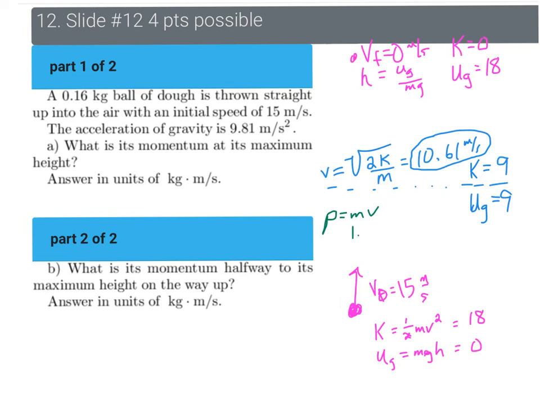So my mass is 0.16, and my velocity is 10.61. That's going to come out to a momentum equal to 1.697. That would be my answer, 1.697.